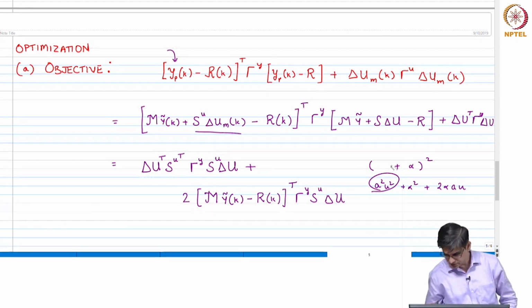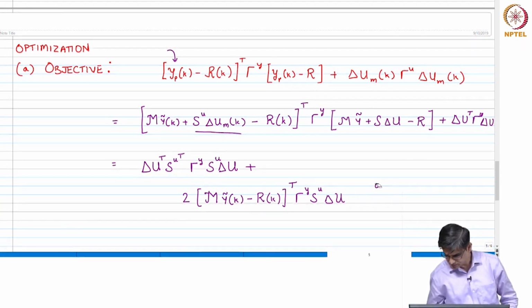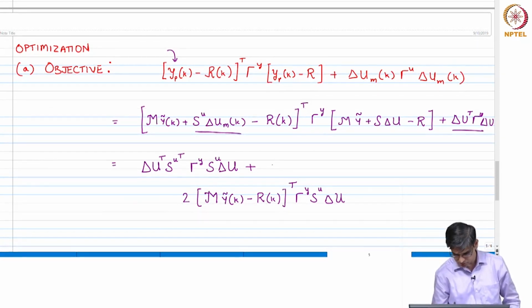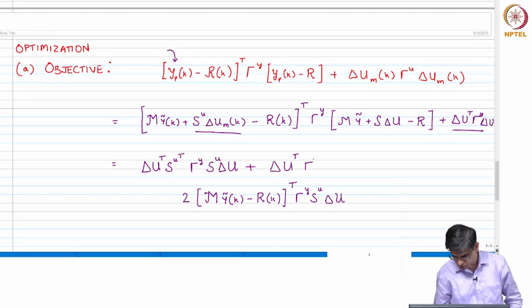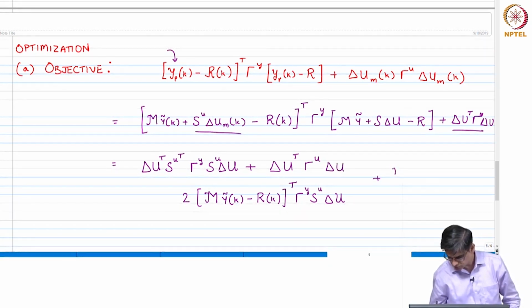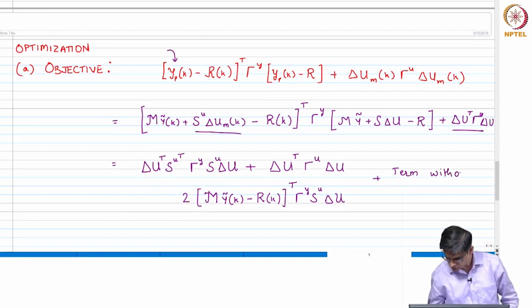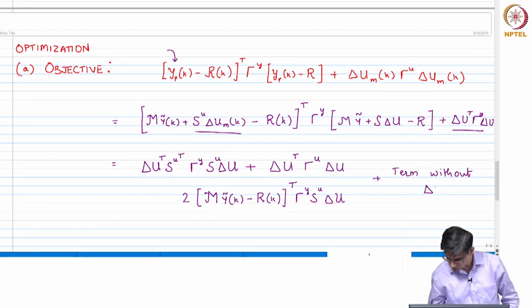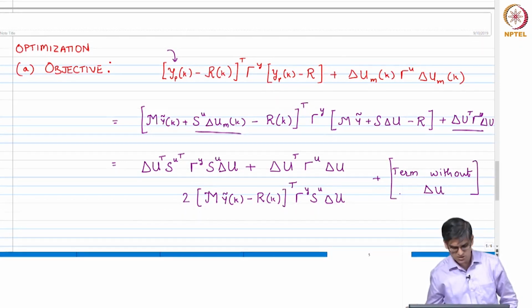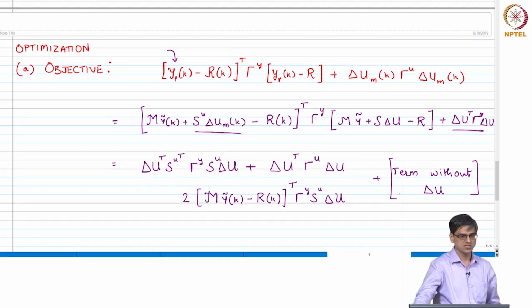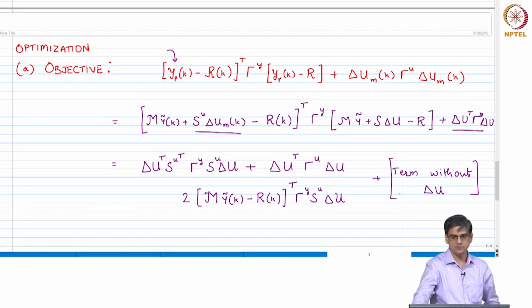I will just erase this. Then this term is also there. So, you will have delta u transpose, plus the term without delta u, which is just going to be m y tilde minus r transpose gamma y multiplied by m y tilde minus r.